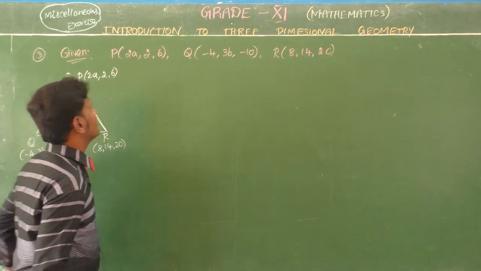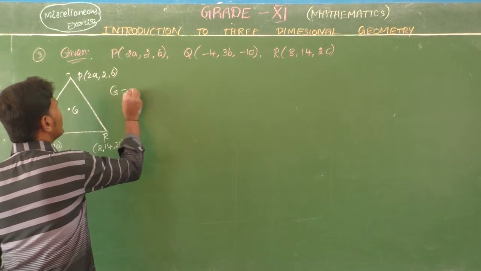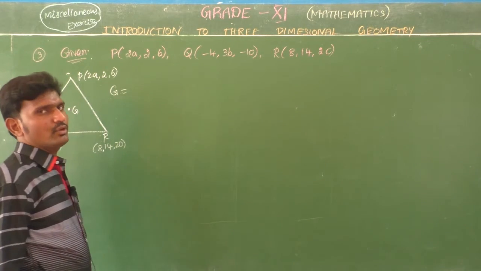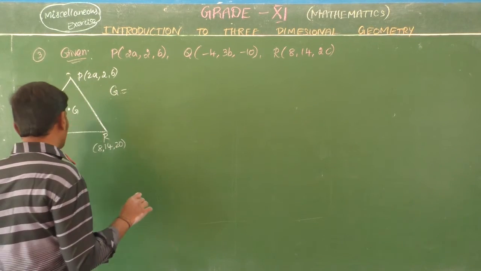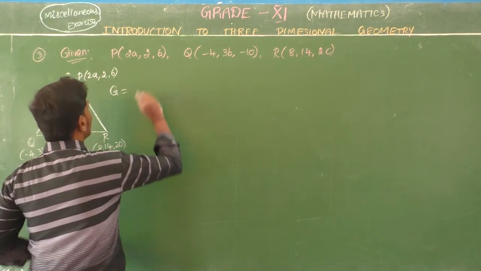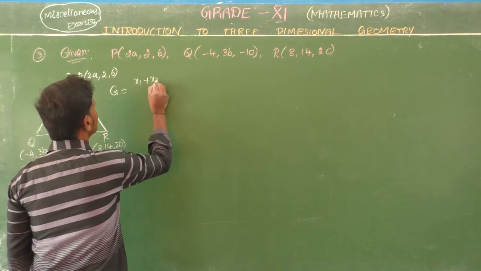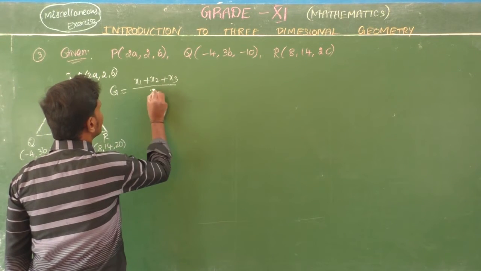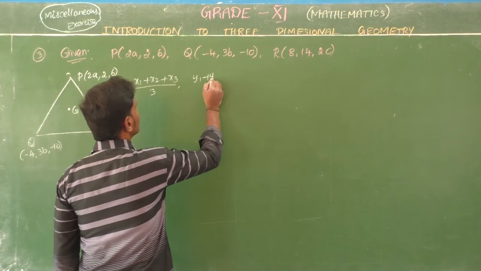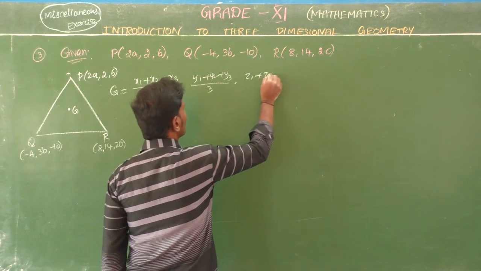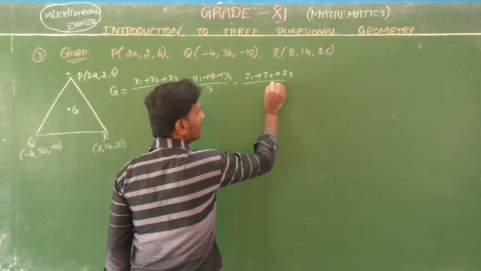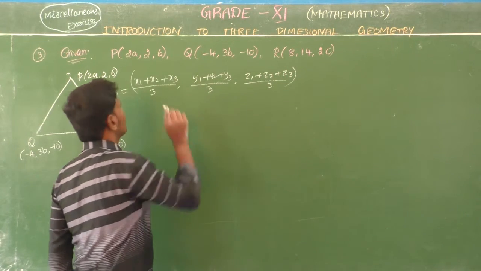The centroid is denoted by capital G. Now the centroid formula is (x1 plus x2 plus x3) by 3, (y1 plus y2 plus y3) by 3, (z1 plus z2 plus z3) by 3.